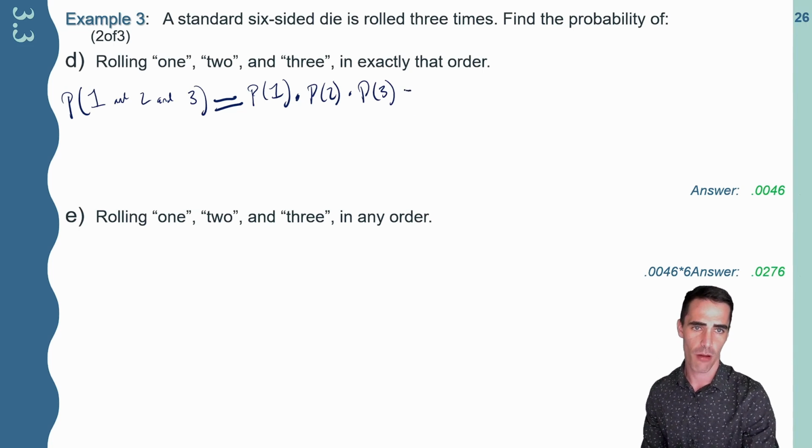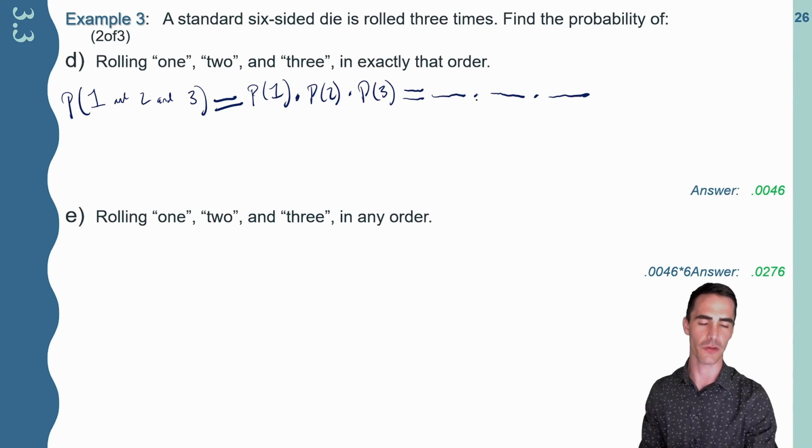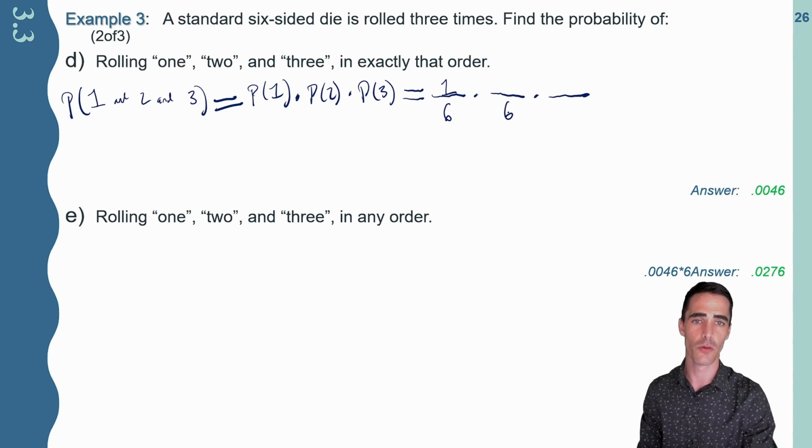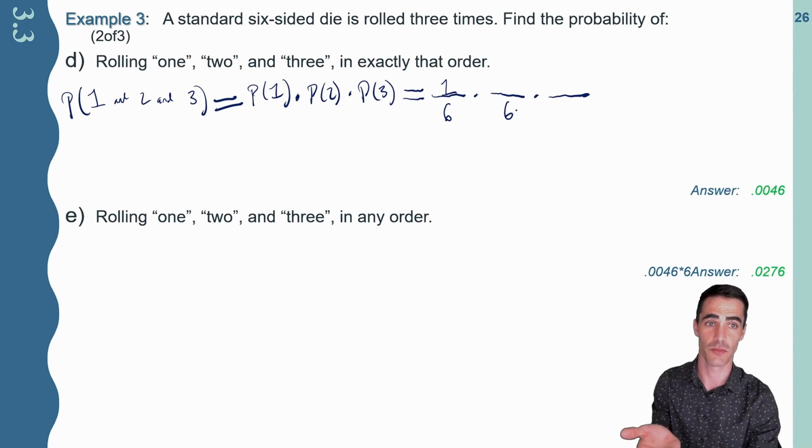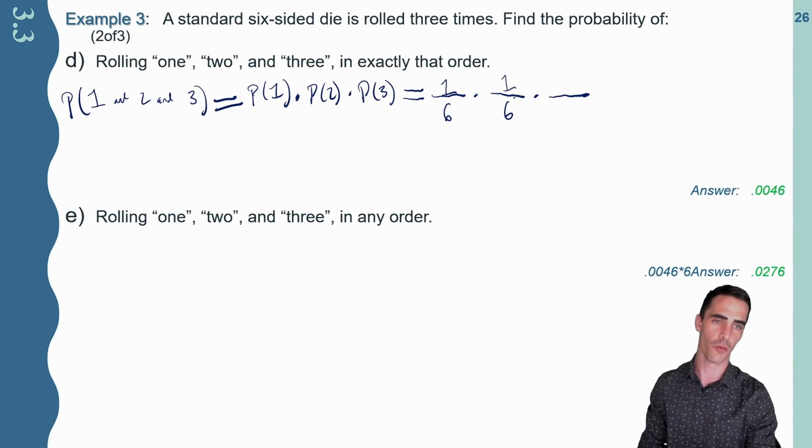If I want to find their probability on their own, we think of fractions. This is the probability I get a 1 times the probability I get a 2 times the probability I get a 3. This is going to be goofy. For this 6-sided die, there are 6 options in total. How many 1s are there? There is 1. For the 2, what's the probability that when you roll a die, it comes up 2? Well, there is 1 of the 6 options, so 1 divided by 6.